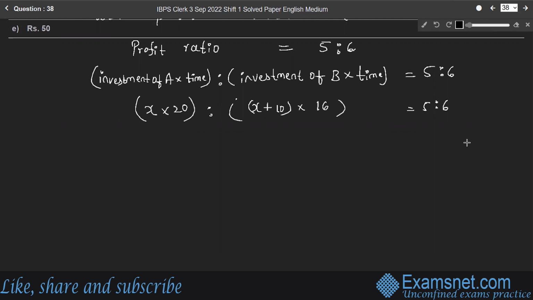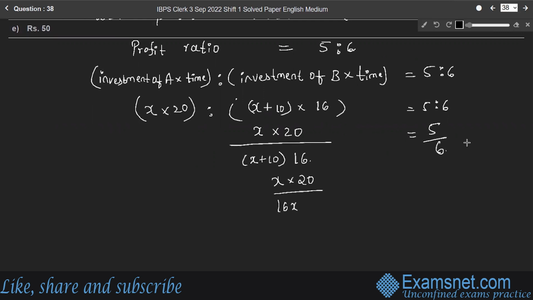So X into 20 is to X plus 10 into 16. So X into 20 divided by X plus 10 into 16 is equal to 5 divided by 6. Right? So X into 20 divided by 16X plus 160 is equal to 5 by 6.